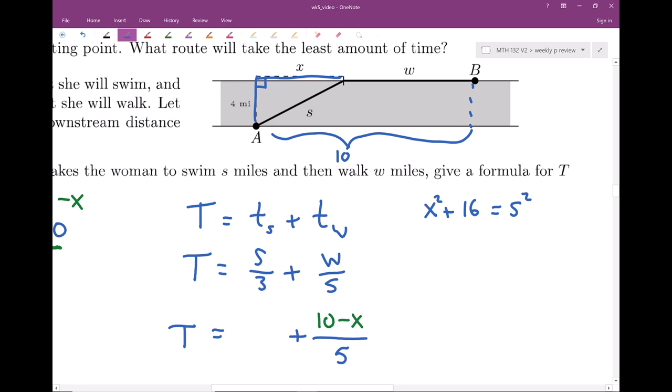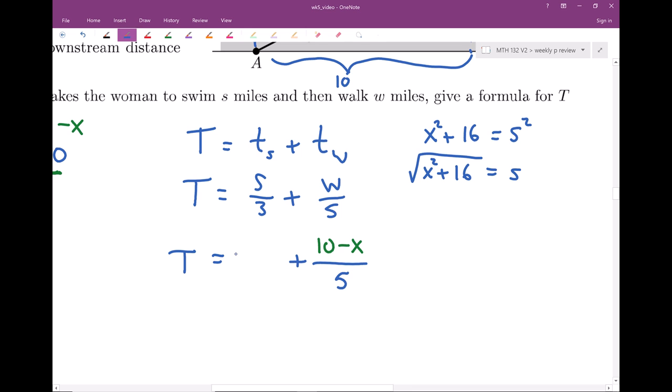If I take the square root on both sides, remember this is a distance, so I choose the positive square root. I get S is equal to the square root of X squared plus 16. So let's input that: the square root of X squared plus 16, divided by 3.